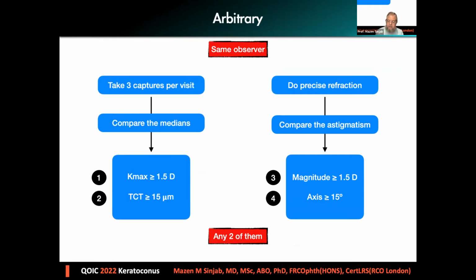Those numbers are just to avoid the noise of the distorted cornea and the machine. The third one is a change in the magnitude of the astigmatism, subjective astigmatism of course, of more than 1.5 diopters, or the fourth, a change in the axis of more than 15 degrees. So any change in 2 of the 4, then we can consider there is progression. Of course, this is a very, very rough way, but you can use it just in case you don't have the technologies.